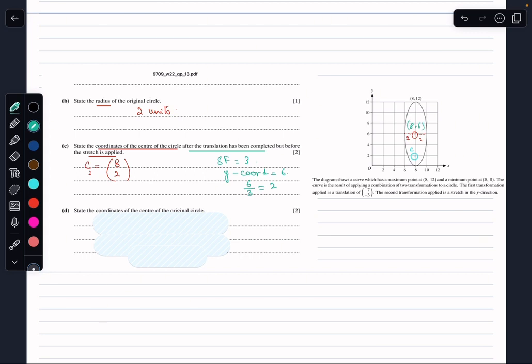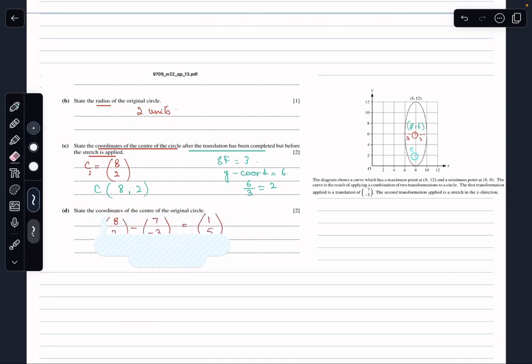Meaning, before applying the stretch, the center of the circle should have been at 8, 2. So, this is the coordinates of the center of the circle before the stretch has been applied. I can say that my center is 8, 2.